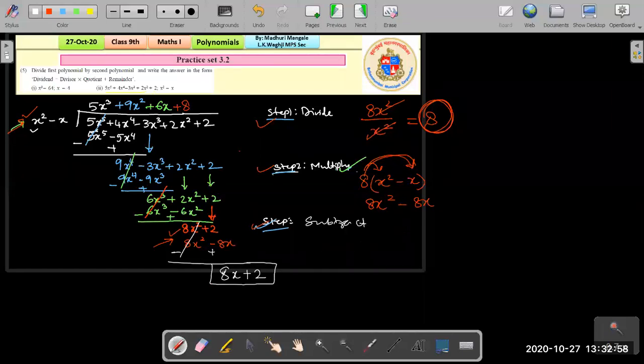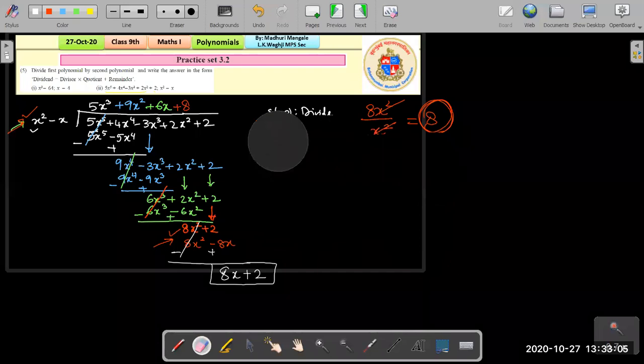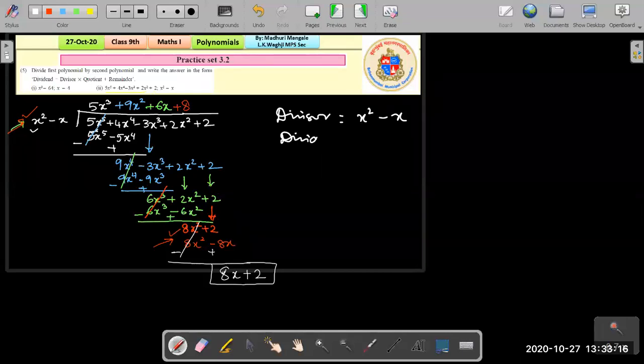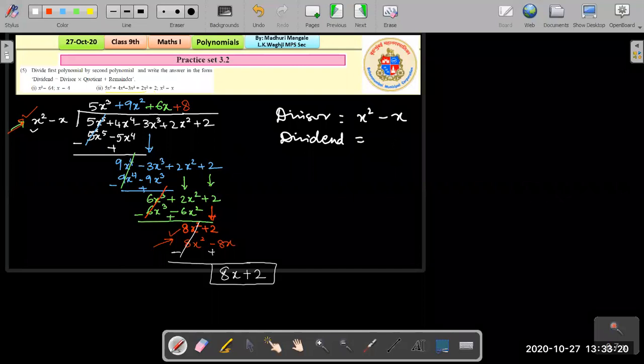Okay. And then what do we do next? We are going to write out the divisor, quotient, remainder, all those things, right? So here the divisor is x squared minus x. The dividend is the complete expression, that is 5x raised to 5 plus 4x raised to 4 minus 3x cubed plus 2x squared plus 2.